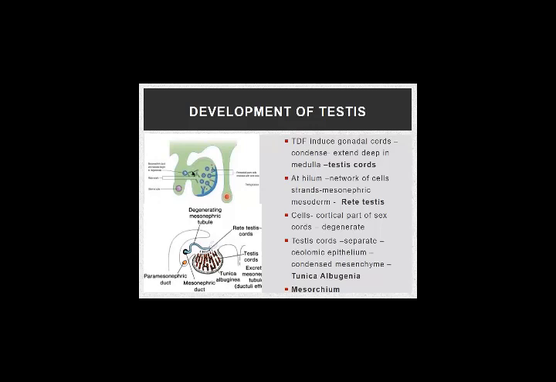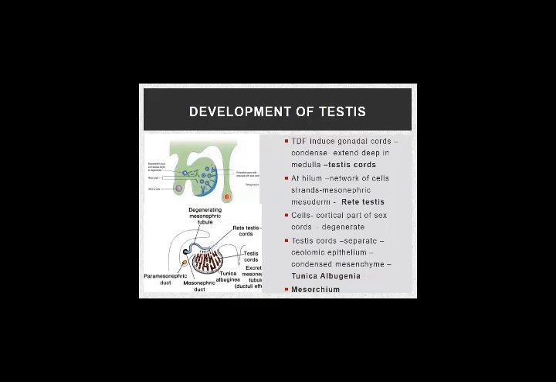These anastomosing network of pods that develop from mesonephric mesoderm are called genital testes. They develop into genital testes after testes की gross anatomy पढ़ी है. So you know that at the hilum we have a network of pods that are called genital testes. ठीक है?